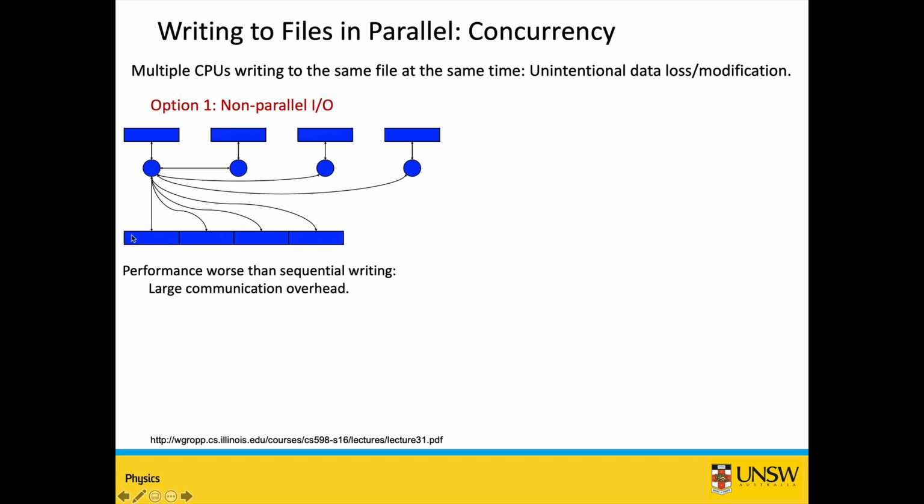The file is represented by this bottom block, and you can see that all these processors are transferring their data to a master processor, and this master processor alone is writing the data to a file. So there is no problem of concurrency here, right? Because just one processor is writing in a sequential manner. But the problem with this approach is that there is a large communication overhead, right? So many processors have to send their data to the master processor for it to write.